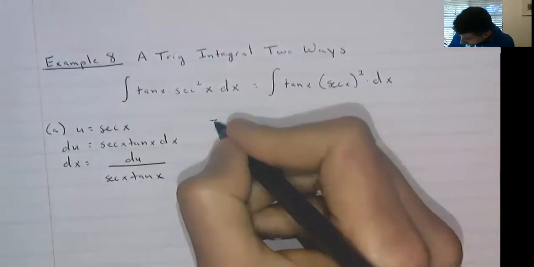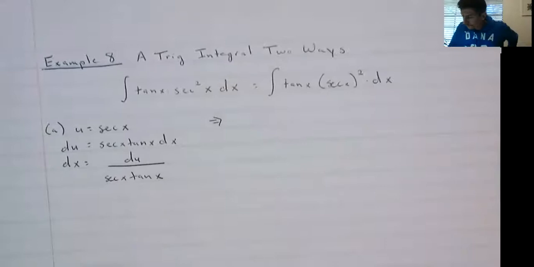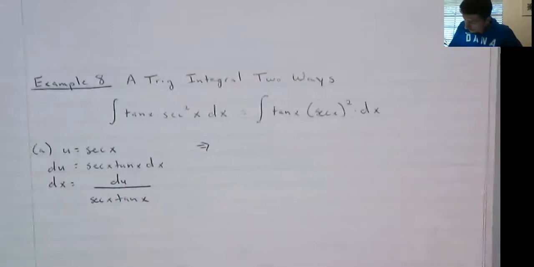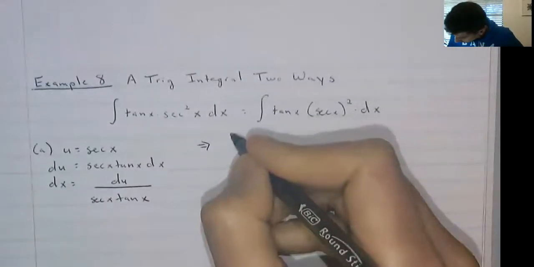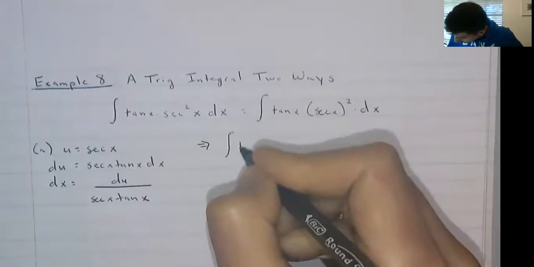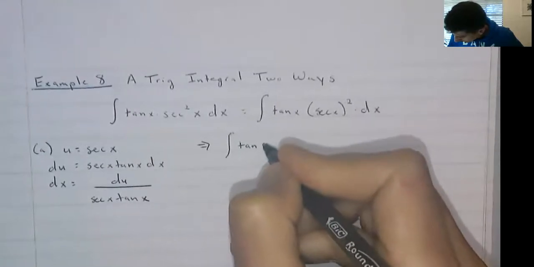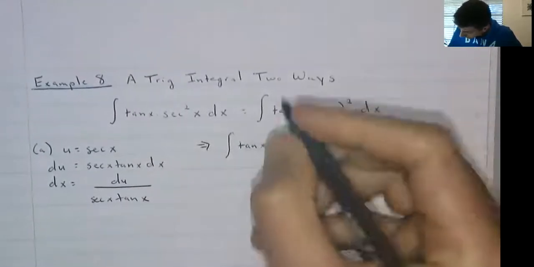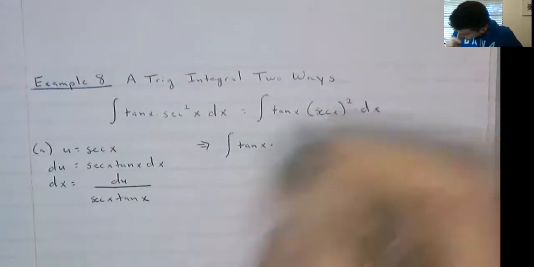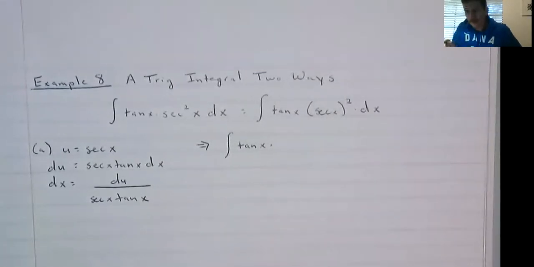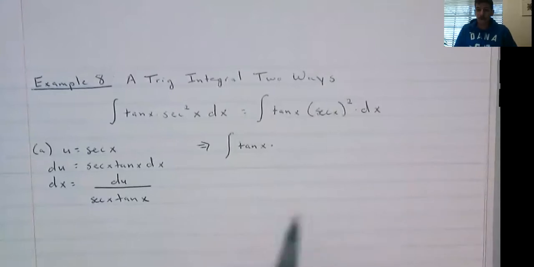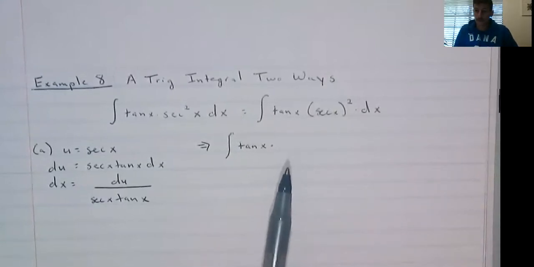So taking that and subbing in, our integral becomes tangent of x. And I mean, there is a tricky bit right here. I will grant you that. Because here's where it could get a little tricky.